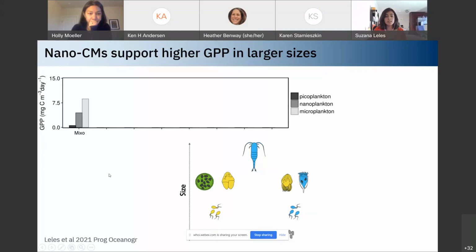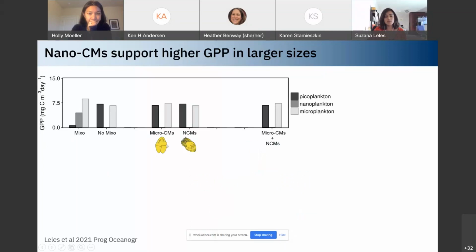So once we have no mixoplankton in the model, we have a shift here and now the GPP is primarily concentrated among phytoplankton and microplankton. And if we simulate only mixotrophic dinoflagellates or only non-constitutive mixoplankton, or maybe a combination of both, we still see the same pattern.